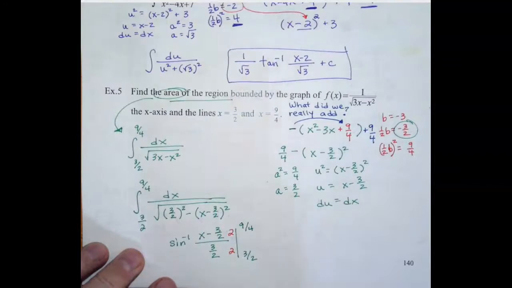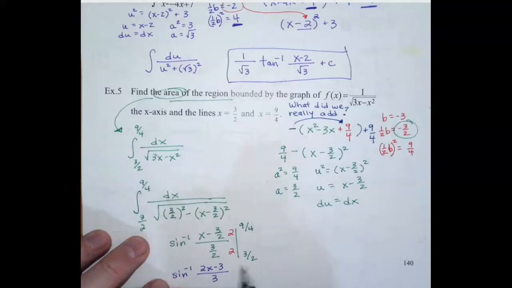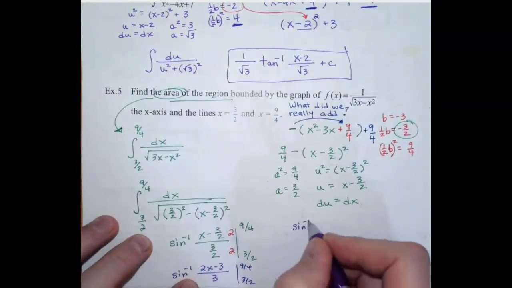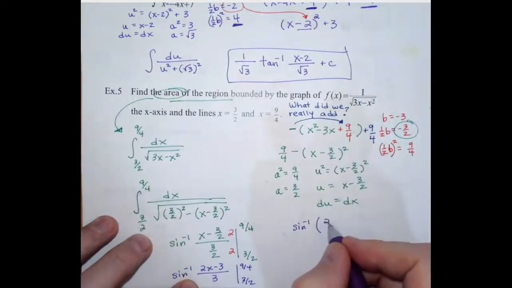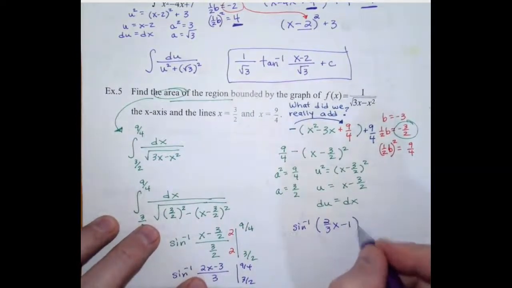Alright, so that's going to be 2x minus 3 over 3. Same. Then what we could do is separate that because there's a single term there. So that's going to be 2/3 x minus 1.